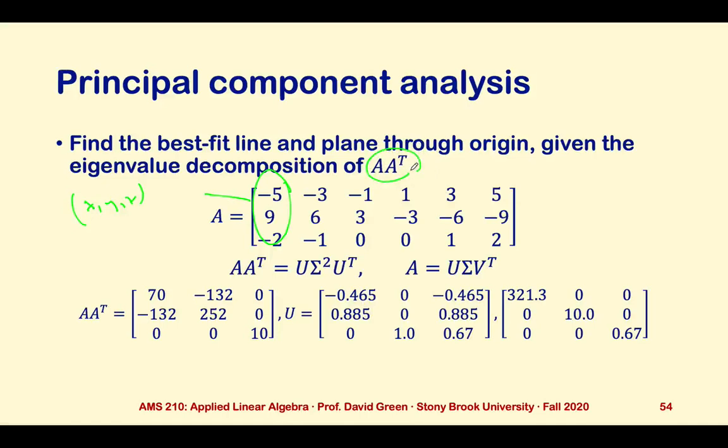Given this decomposition of AA transpose, which is the heart of the principal component analysis, I recommend that you pause your video, try to do this on your own, and then resume to follow along.